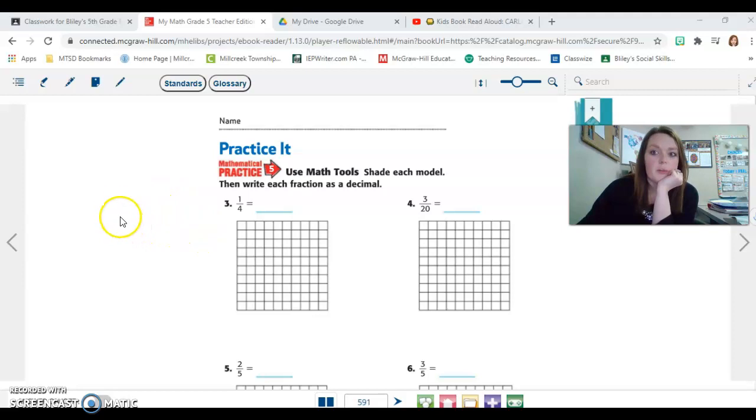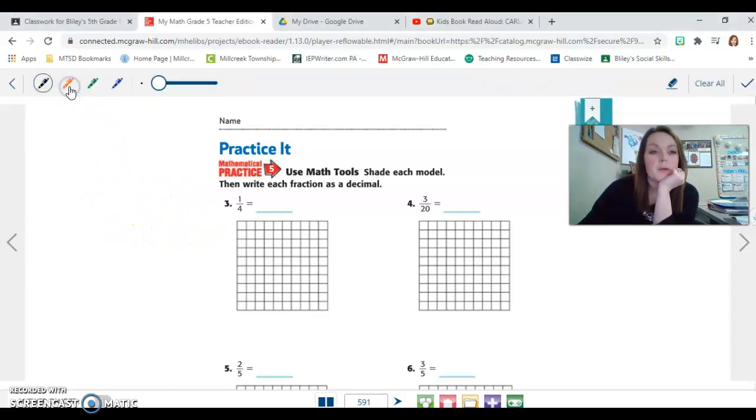Okay, so now we're on number 3. Sorry about that previously. I don't know why my page wouldn't turn. So we have 1/4. We need to think in our minds, what do I need to times 4 by to get 100? What we're working towards is always getting that denominator to be 100. If we remember the previous example, there are 4 quarters in a dollar, and each quarter is worth 25 cents.